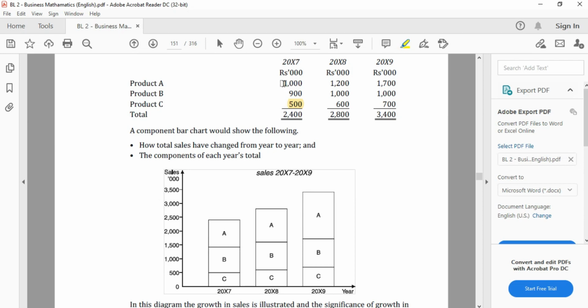Finally, you have product A, 1000, which should be marked at 2400, which is here, the total of all. Now, if you see, however, the gaps of A, B and C, they are equal to 1000, 900 and 500. Check it.